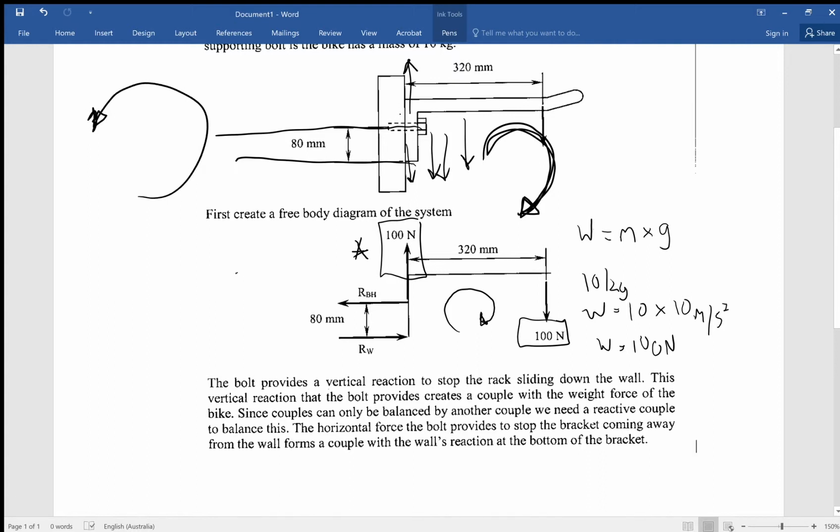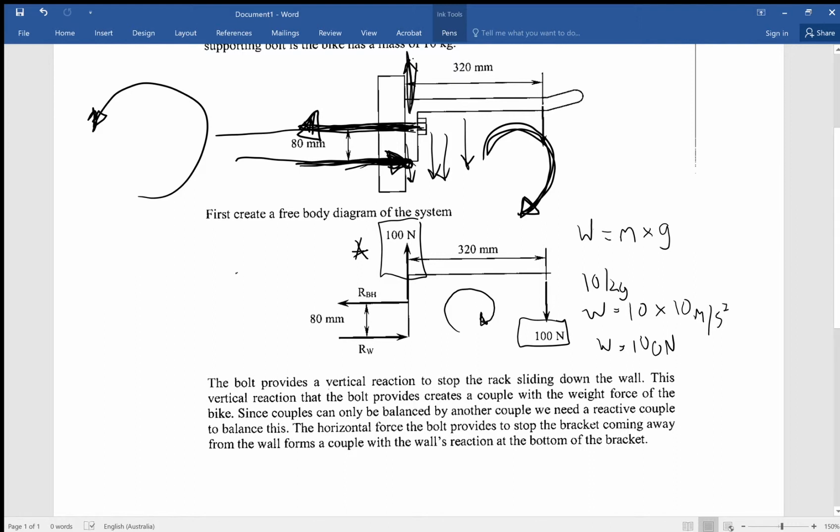The bracket's wanting to come away from the wall, so we have a horizontal force being provided by the bracket and the bolt into the wall, and we have to balance that force with another one because we need a couple to make that happen. So we have the equal and opposite force going that way. That's the way you have to imagine it. The bottom of this bracket is pushing into the wall, and this is pulling in. So pulling in and pushing away, to balance the other couple. So you've got a couple and you've got another couple.